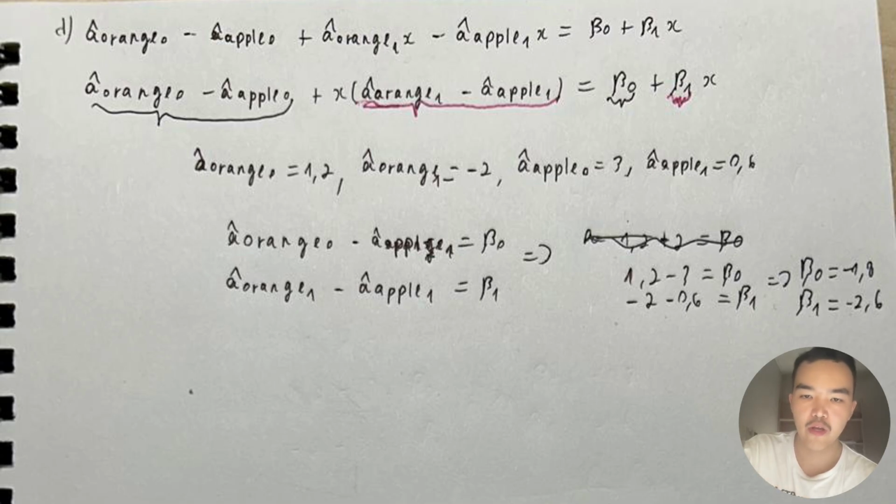We equate them, but in this situation we know the values of the variables for our friend's model, and we can find the variables for our model, and we obtain that beta 0 is equal to minus 1.8, and beta 1 is equal to minus 2.6.